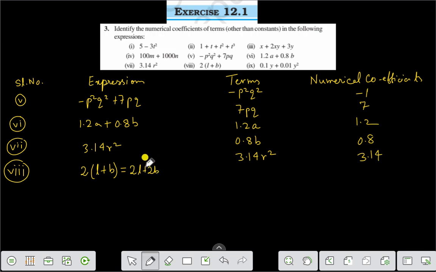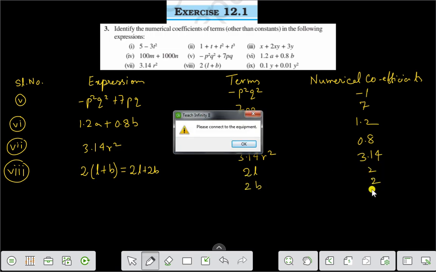Therefore the terms can be written as 2L and 2B. There are two terms. L is multiplied with 2, therefore the numerical coefficient is 2. B is multiplied with 2, therefore the numerical coefficient will be 2. This is the numerical coefficient.